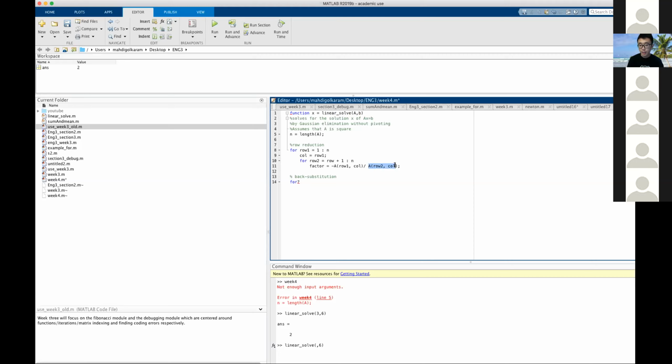But we don't know whether the denominator is 0 or not, right? If it's already 0, then we don't need to do anything. So we do this only if A row 2 column is not 0, okay, right?